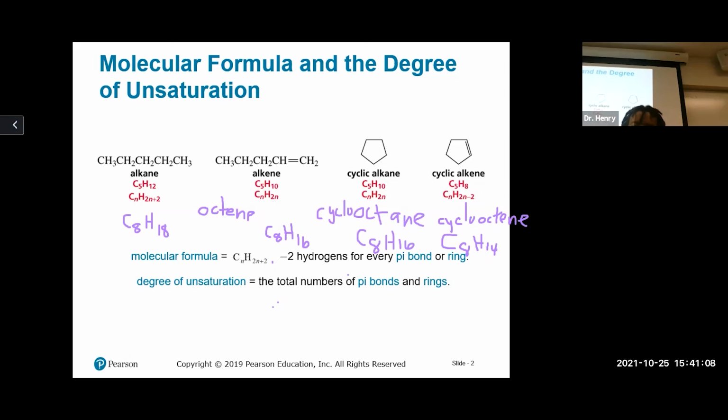So you're going to lose 2 hydrogens for every pi bond or ring structure. So if I have, let's say, a diene, that's going to increase my pi bonds, so that's also going to give me another minus 2 added onto it.